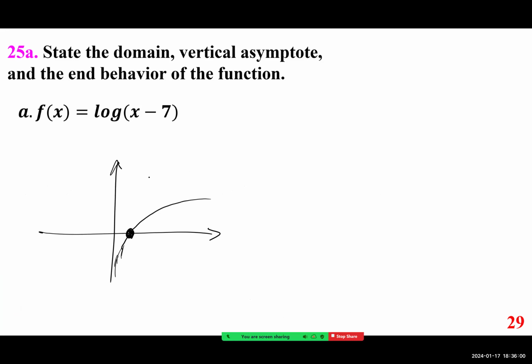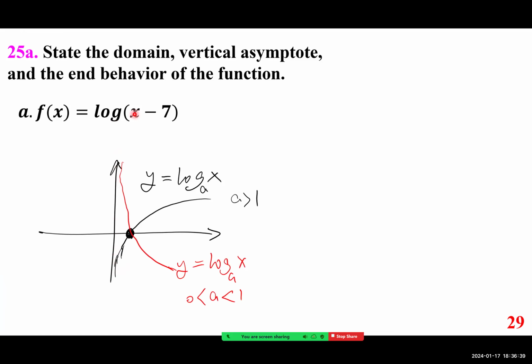So this is the graph of y equals log x base a, where a is larger than 1, okay? And this is y equals log x base a, where a is between 0 and 1, okay? And in both cases, the y-axis, or x equals 0, is the vertical asymptote.